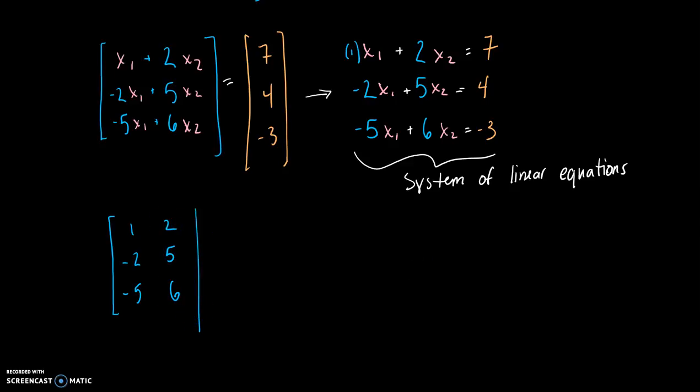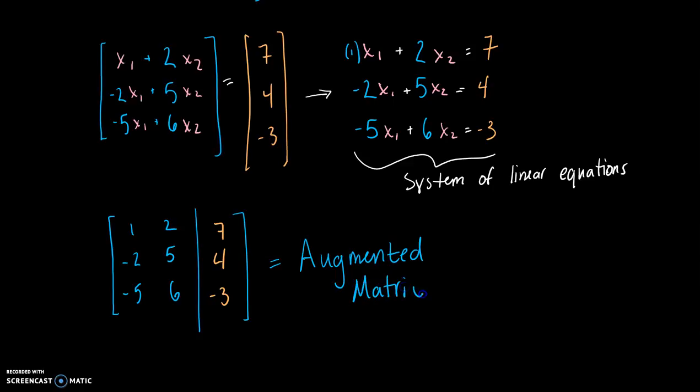I'll go ahead and write the line there. I think that helps a lot in terms of knowing that this is an augmented matrix that we're dealing with. And then that last column is going to be our B vector. It's going to be 7, 4, negative 3. So now this is an augmented matrix of our system of equations above.